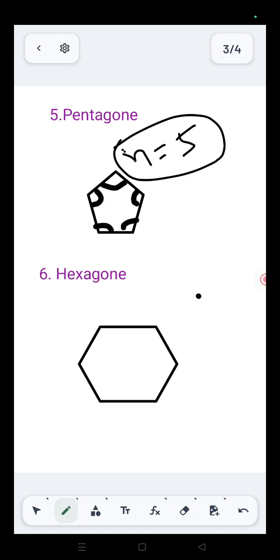Now a regular hexagon. First of all, how many sides are there in a hexagon? There are six sides in the regular hexagon or simple hexagon. In a regular hexagon, all the six sides will be equal and all the six interior angles will be equal.